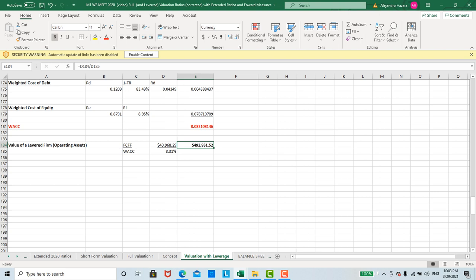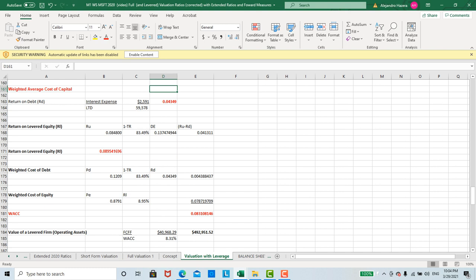But what we're able to do down here is take the free cash flow of the firm and divide by an interest rate that accounts for the tax shield. If you work through all this, it's very easy algebra. Rather than adding back the value of the tax shield directly, we worked it into the interest rate itself.